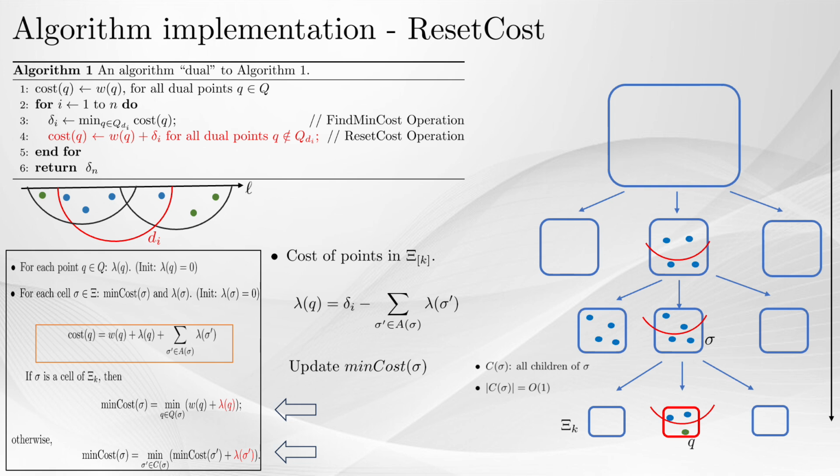So we use the minimal cost of the children cells to update sigma. Then it is done in a bottom-up manner to update each cell.